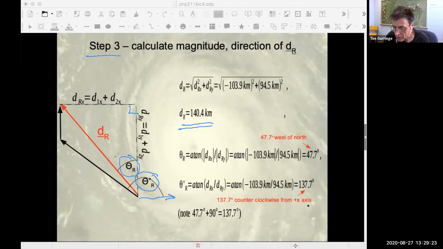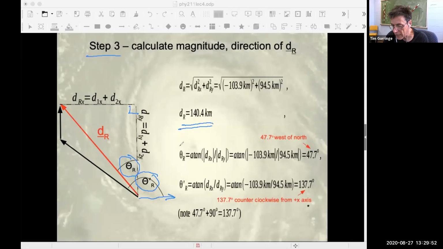If you want the direction of the resulting vector with respect to due north, just think about the right angle triangle you've formed. This angle is inside that triangle. By trigonometry, that angle is the inverse tangent of the opposite side of the triangle, its size, divided by the adjacent side of the triangle, its size.